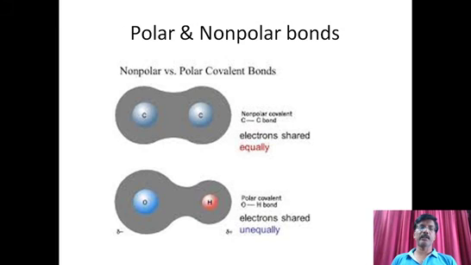Here, the more electronegative atom is oxygen, so it attracts electrons towards it, and hydrogen is less electronegative in nature. So the electron cloud is very less at hydrogen, and it is more at oxygen. What happens? Partial negative charge on oxygen, partial positive charge on hydrogen. Therefore, it is polar. Now the concept has become polar. Therefore, it is called a polar covalent bond.